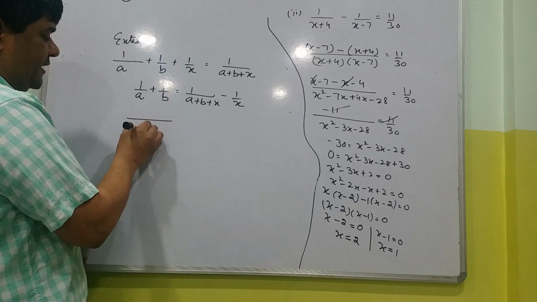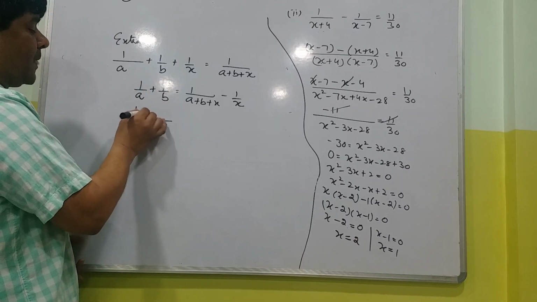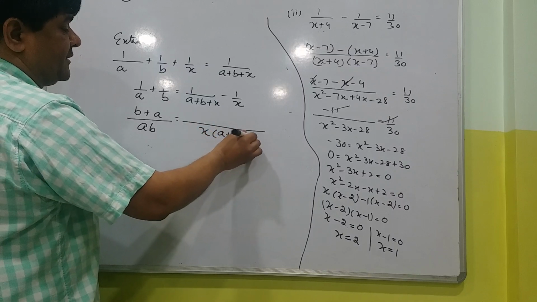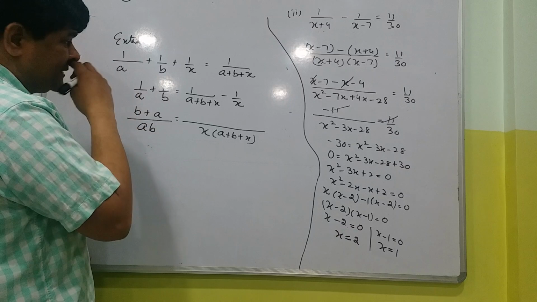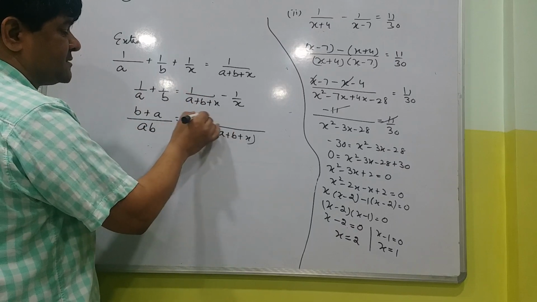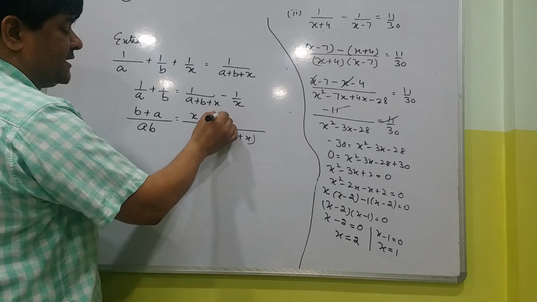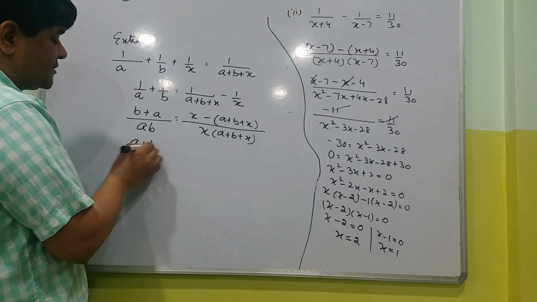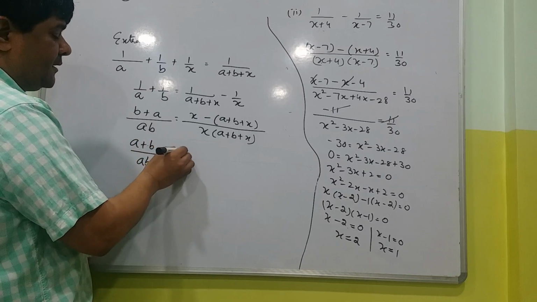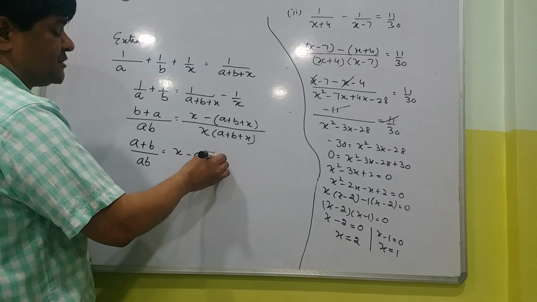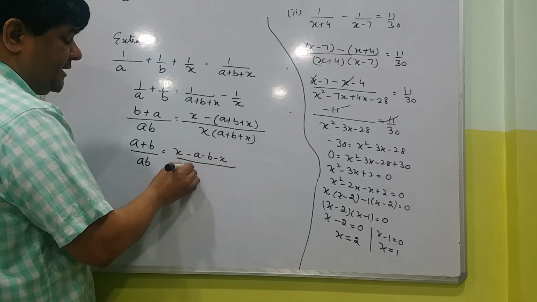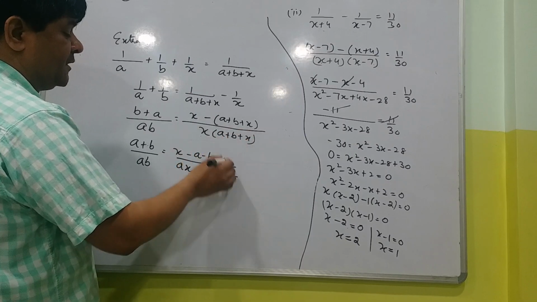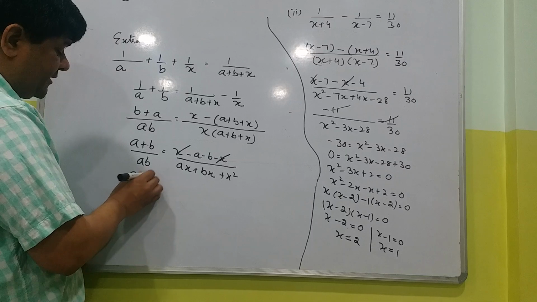AB is the LCM on the right side. Here the LCM is x into a plus b plus x. a plus b plus x will cancel, x into 1, x minus x will cancel, a plus b plus x will come here. a plus b over ab equals minus a minus b minus x over ax plus bx plus x square. x will cancel automatically.